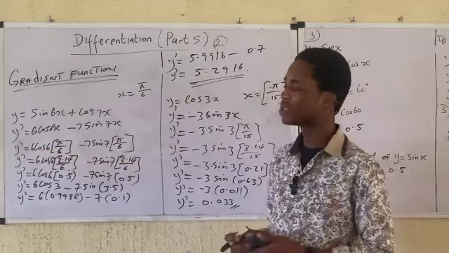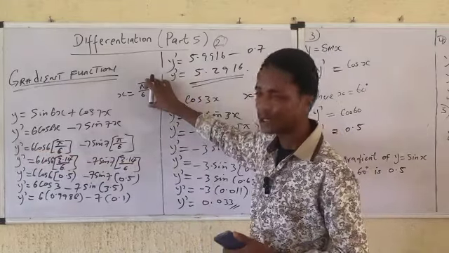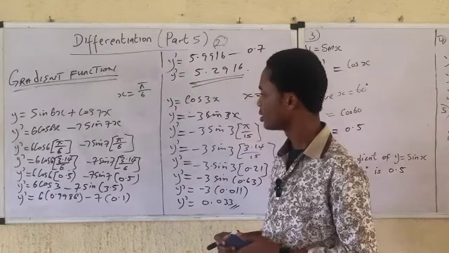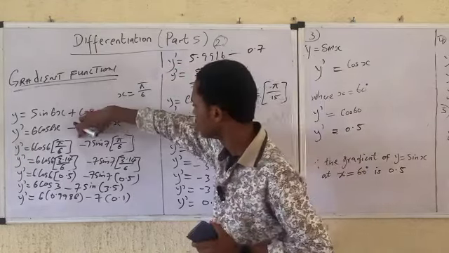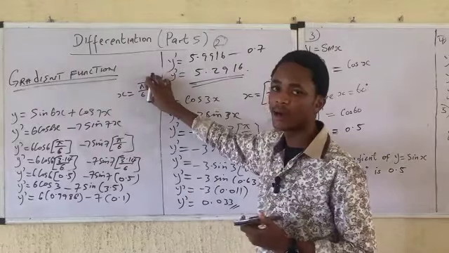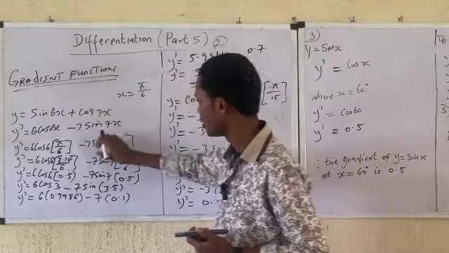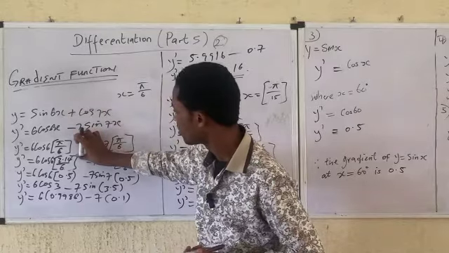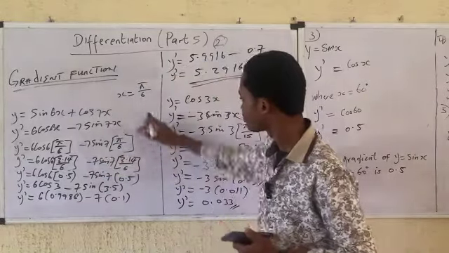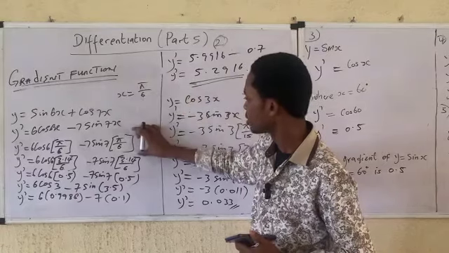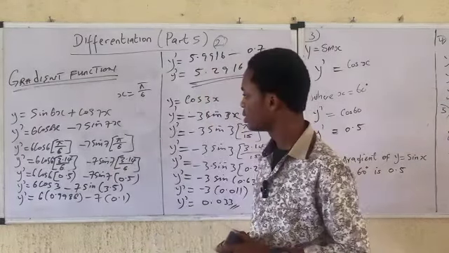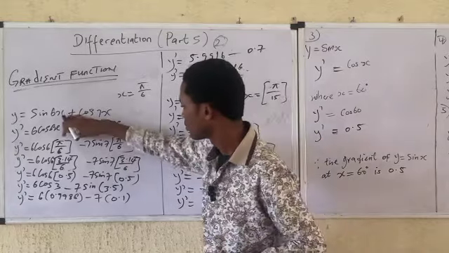Now, wherever you see x, replace it with pi all over 6. Then y prime equals 6 cos 6 times pi over 6.